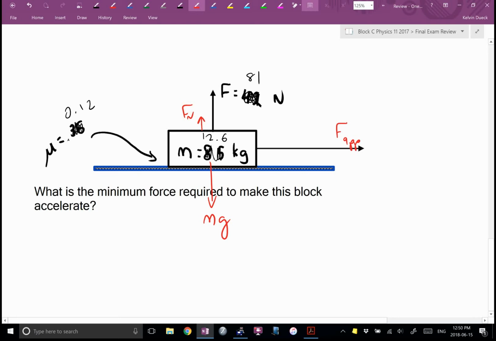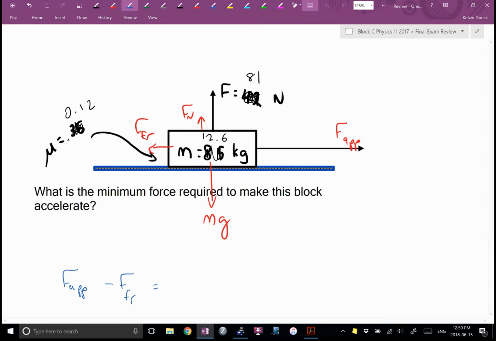Now what else? Who's winning? F applied? Who's losing? What's that going to equal?